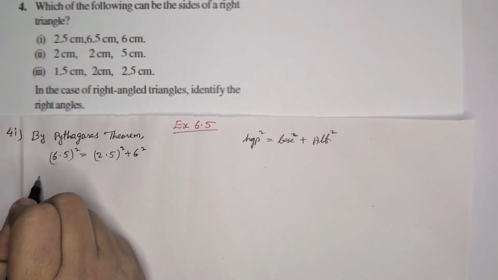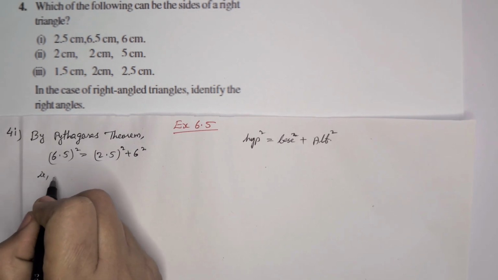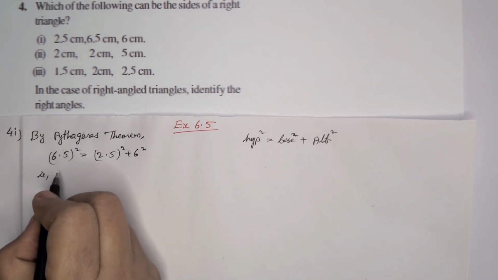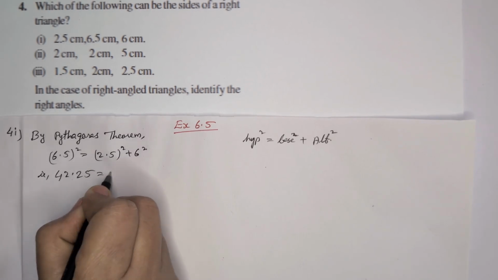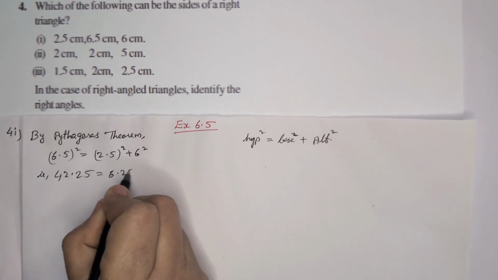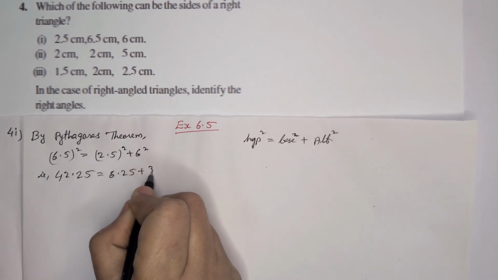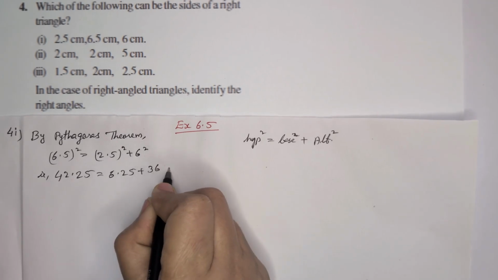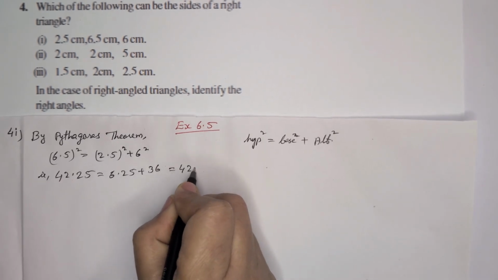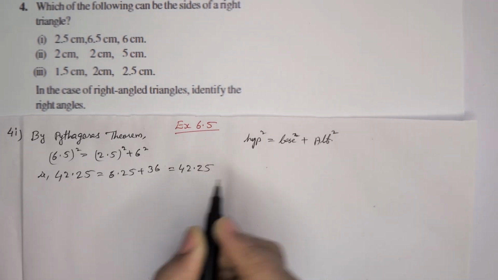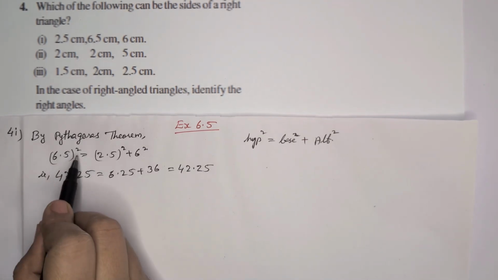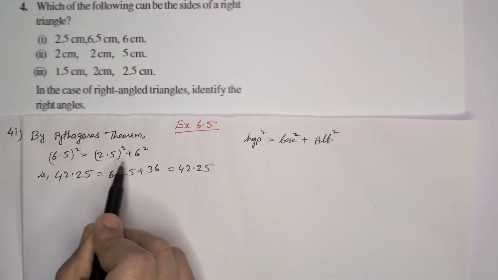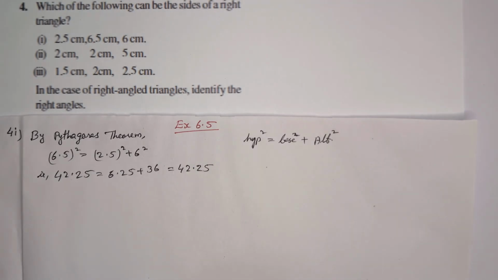So this we can write as 6.5 square, 42.25, is equal to 6.25 plus 36, which is equal to 42.25. That means 6.5 square is equal to the sum of the squares of the other two sides.